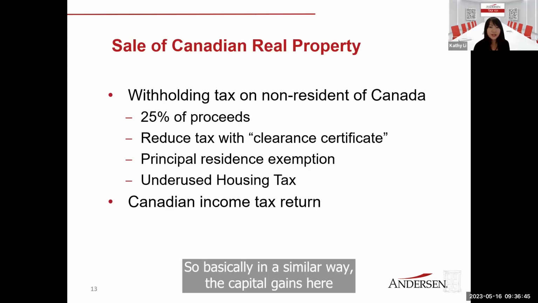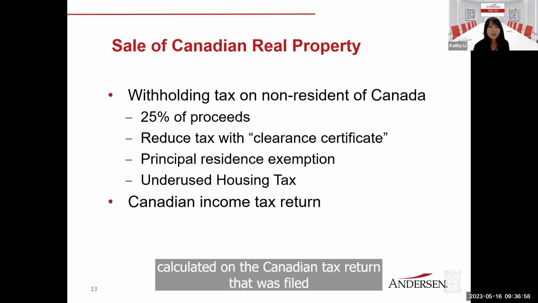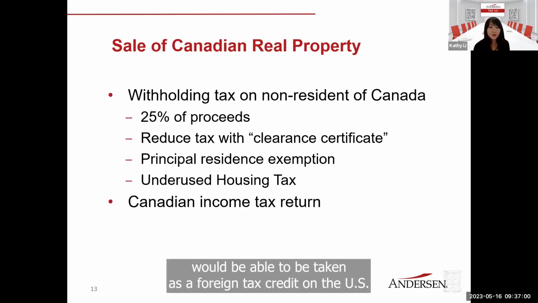So in a similar way, the capital gains here would be sourced to Canada, and the final tax liability paid or calculated on the Canadian tax return that was filed would be able to be taken as a foreign tax credit on the U.S. tax return.